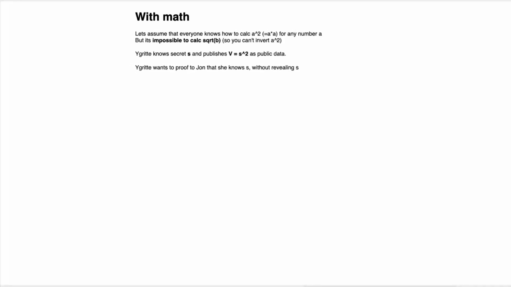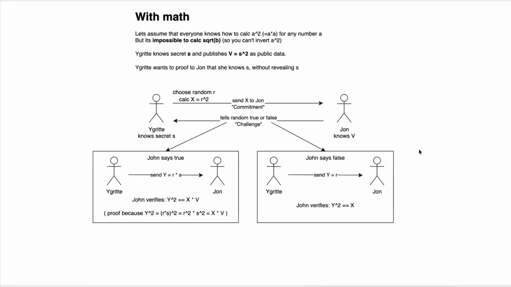How could one do that? Again, with something similar to what we had before, an interactive game. Igwit knows the secret, and first she chooses a random number, calculates the square of this random number, and sends this square from the random number to John, which we call the commitment, because she does that at the beginning of each, we will see this will be multiple iterations of that, and at the beginning of each of the iterations, she commits to this random start, so to speak.